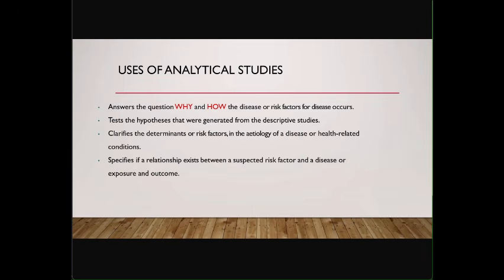So if you want to carry out a study to know why a disease occurs, how it occurs, then you know that you are going to do an analytical study. It will help us to test hypotheses that have been generated through descriptive studies. It can help us to clarify determinants or risk factors in disease etiology.